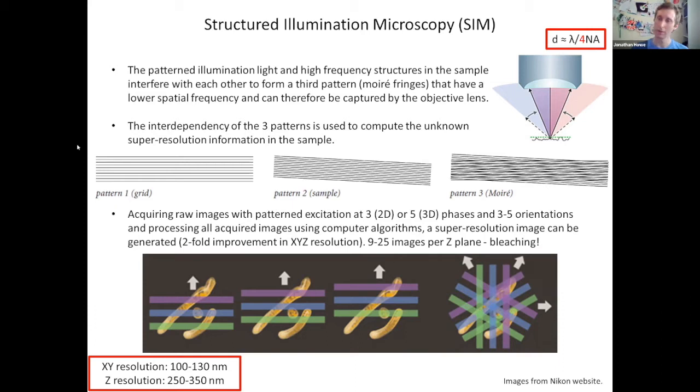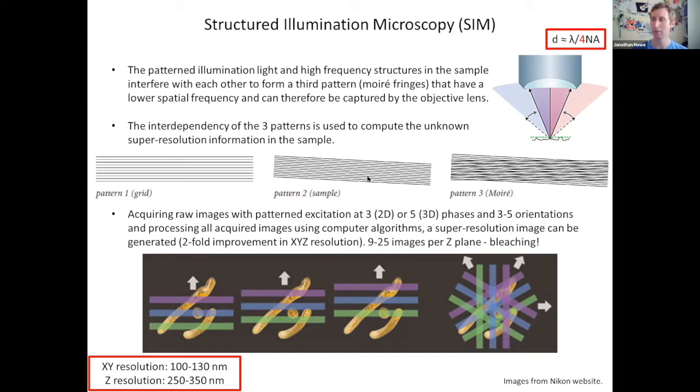On the left-hand side, pattern 1 is our illumination pattern. This stripy pattern is made as fine as it can possibly be, as defined by the resolving power of the lens. Pattern 2 is meant to represent the high spatial frequency, very finely structured details in the sample, which are actually too fine to be ordinarily resolved, because that high spatial frequency information escapes the lens collection angle.